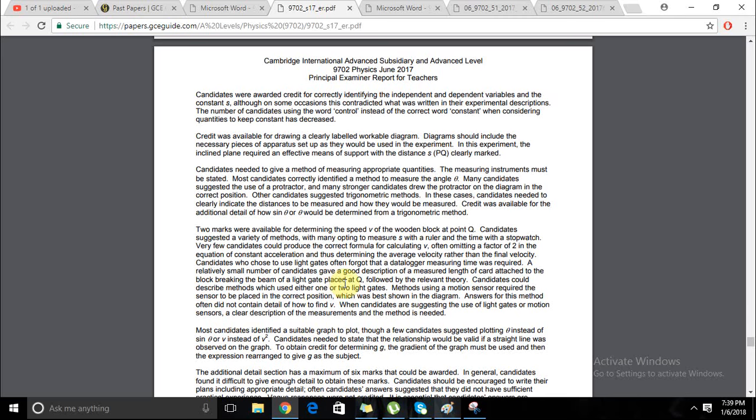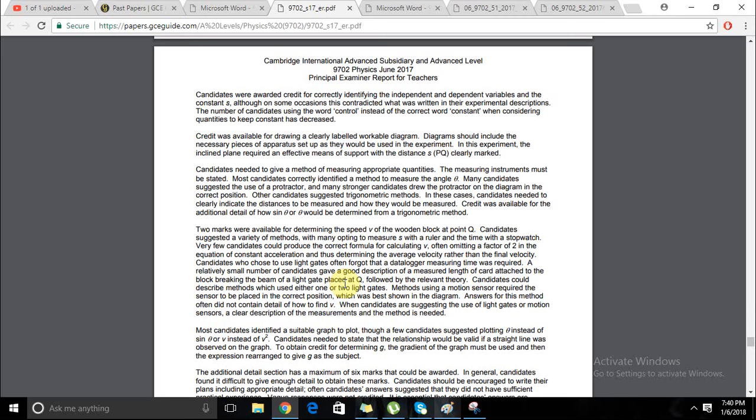A relatively small number of candidates gave a good description of a measured length of cord attached to the block, breaking the beam of a light gate placed at Q, followed by the relevant theory. Candidates could describe methods which use either one or two light gates.